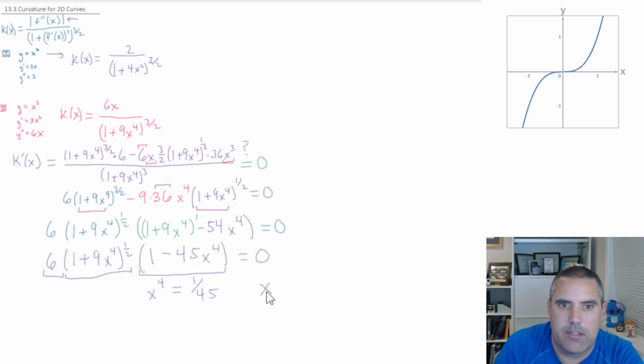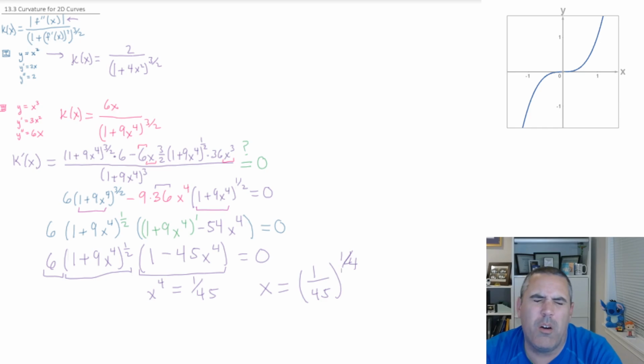So we need x to be the 4th root of 1 over 45. Oh, I see. We could write that another way maybe and simplify it. But let's just go there and see. So I'm going to make the value 1 over 45.